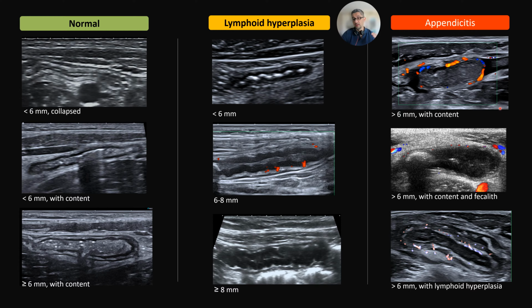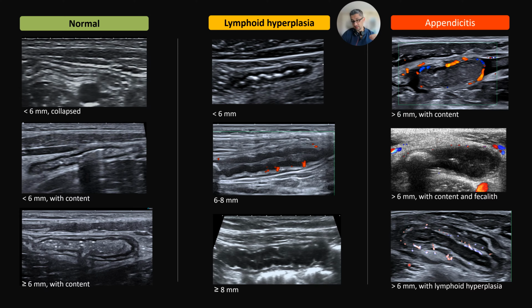So here, this is one of the most common. The appendix is filled with content, over 6 millimeters, inflamed. And the second pattern is still over 6, but there is a fecalith associated. And then there is lymphoid hyperplasia. The appendix is now over 6 millimeters, but there is no fluid in the lumen.